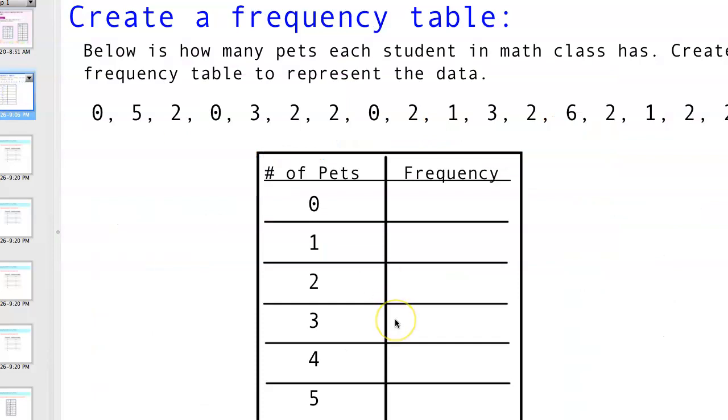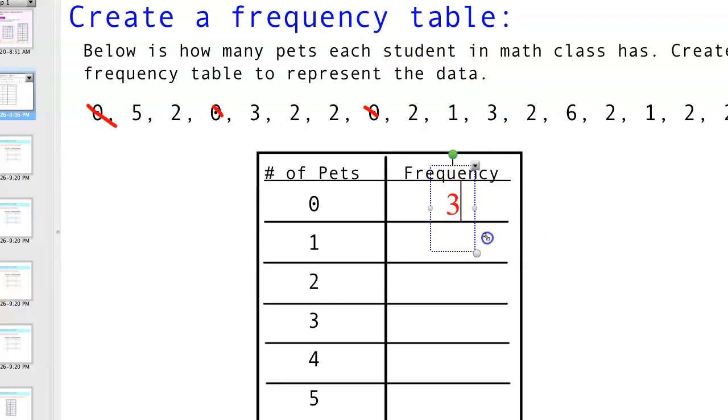So we're going to create a frequency table from the data set below. It says how many pets each student in math class has, and you're going to create it. So for 0 pets, I'm going to go through and count how many zeros I have. 1, 2, 3. I have 3 zeros.